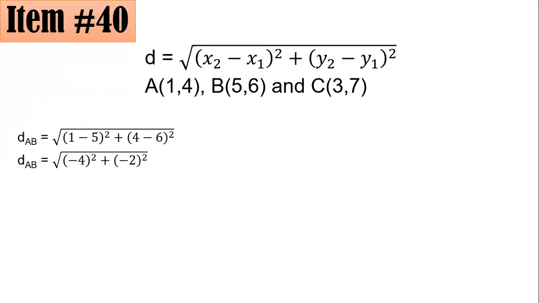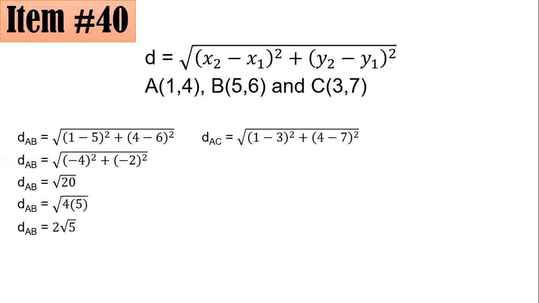What's inside simplifies to negative 4 squared plus negative 2 squared, and later on simplifies to 20. And square root of 20 is square root of 4 times 5. The square root of 4 is 2 and should be taken outside. So AB is 2 square root of 5 units long.